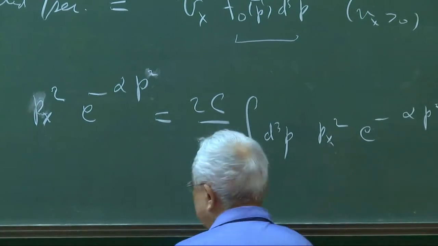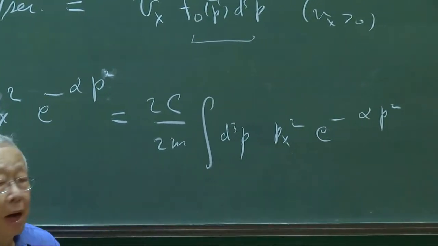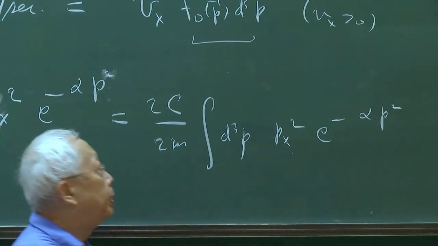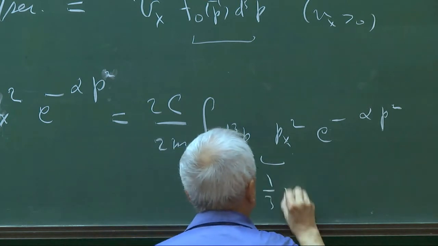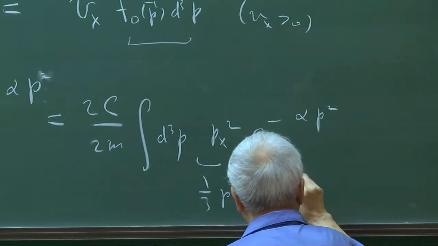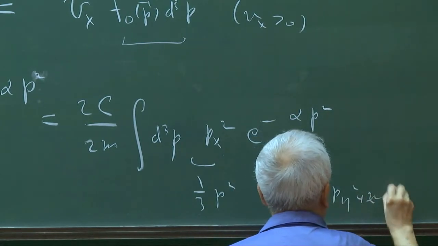Now, since there's no difference between x, y, and z, you can replace px by py or pz, and the result is the same. And therefore, you can replace px squared by 1/3 of p squared, namely p squared is equal to px squared plus py squared plus pz squared.